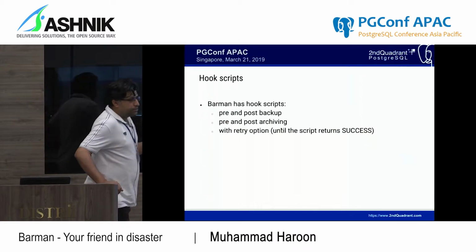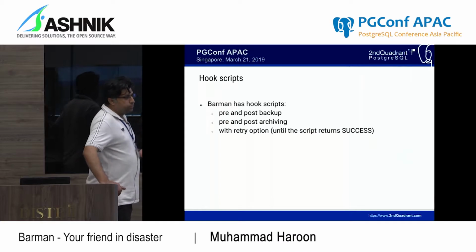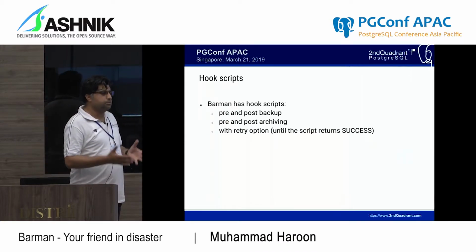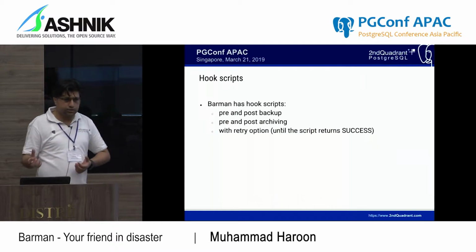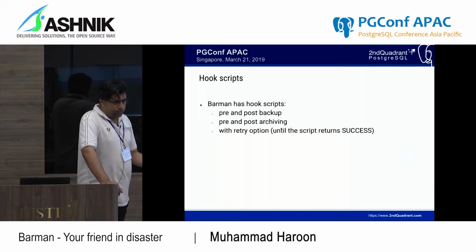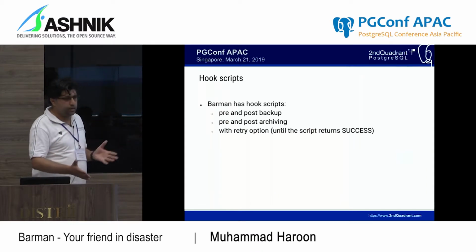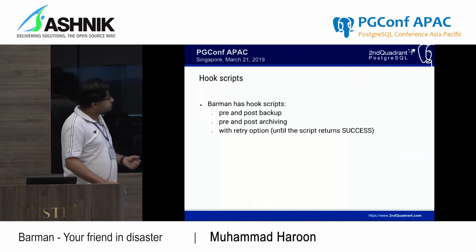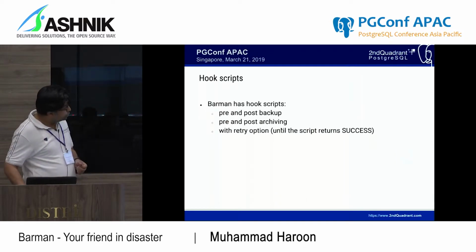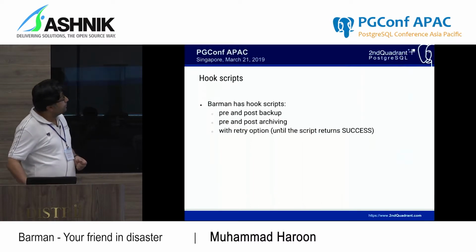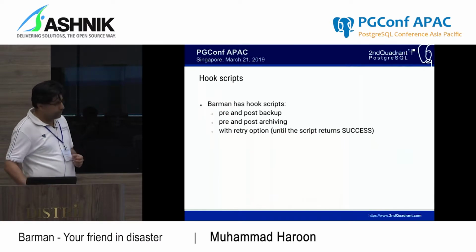So you can define pre and post backup jobs, which means if you have a post backup job, once Barman completes the backup, the hooked script that we have hooked in will access the remote server, if you have defined the access in your script, and then restore your backup there. So that should help you with the automated recovery of your server. And of course, it has a retry option as well.